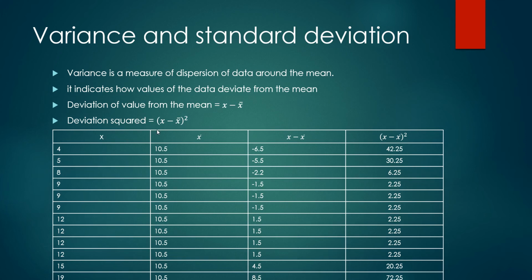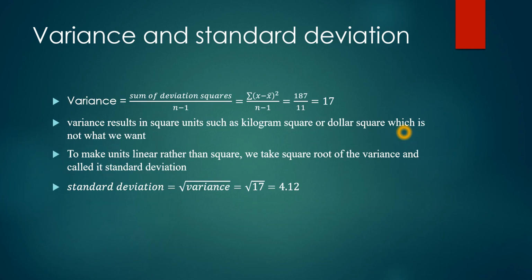Remember, we said you have to square each value, so minus 6.5 squared is 42.25, minus 5.5 squared is 30.25, and so on. Once you create that new column on the far right side, x minus x bar squared, now you can calculate the variance.